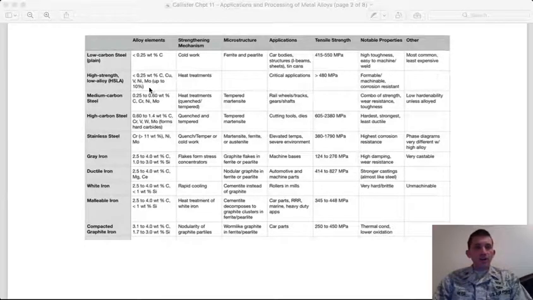So it's cheap and easy to work with, so it's very commonly used for everyday, run-of-the-mill applications. For higher grades of steel, with higher carbon contents, once you get above 0.2% or so, you get the medium carbon steels, and then as you push the limit, you have the high carbon steels.